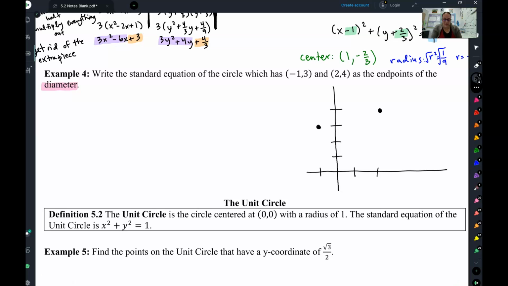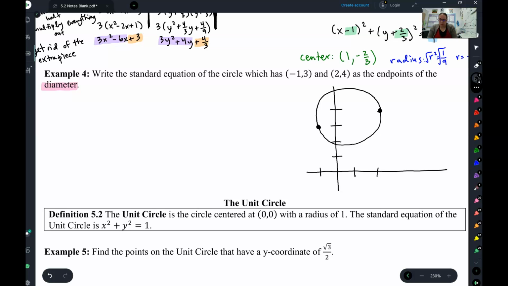Those are the endpoints of the diameter of my circle, meaning my circle is going to go end to end around these points, kind of like that. And we want to write an equation for this circle.